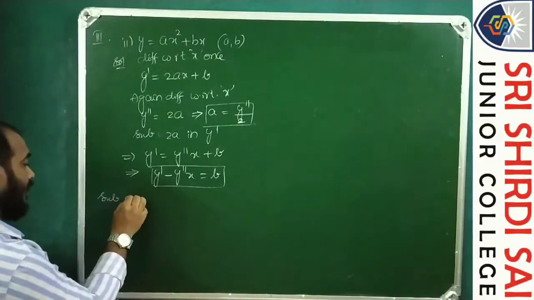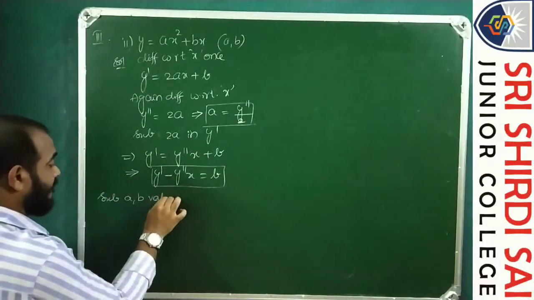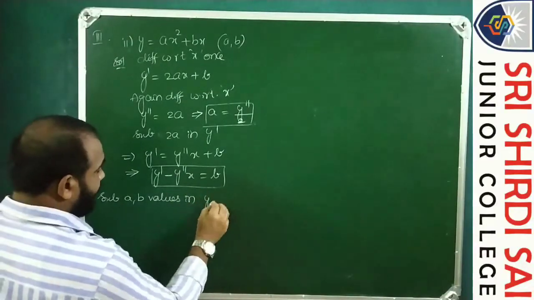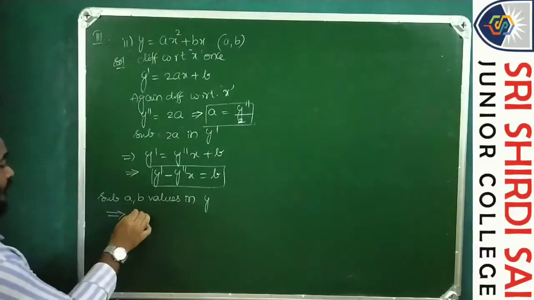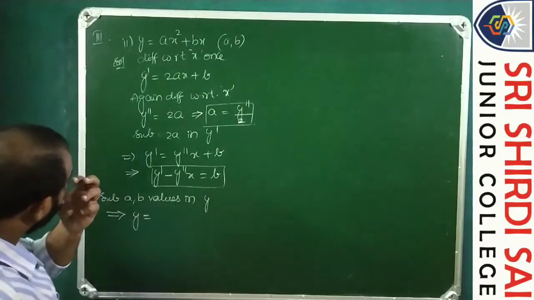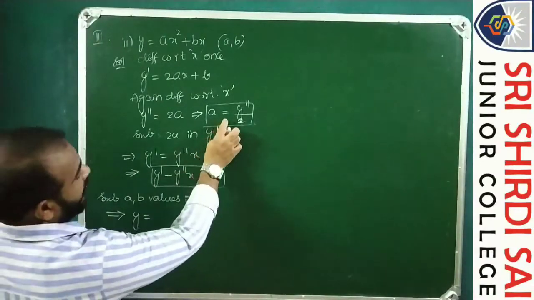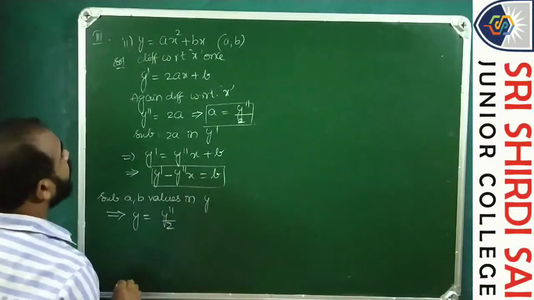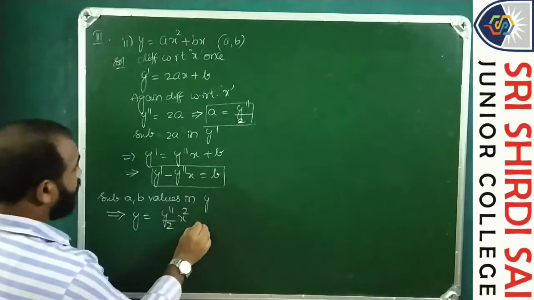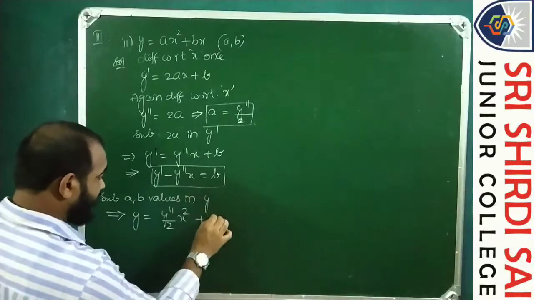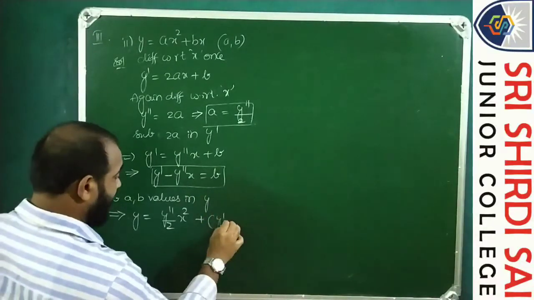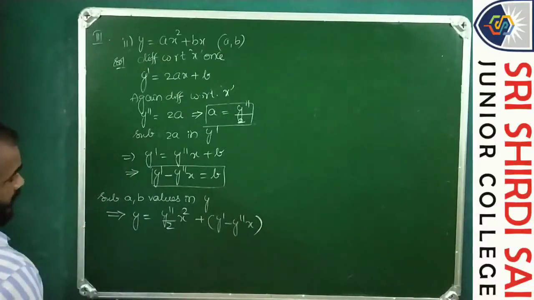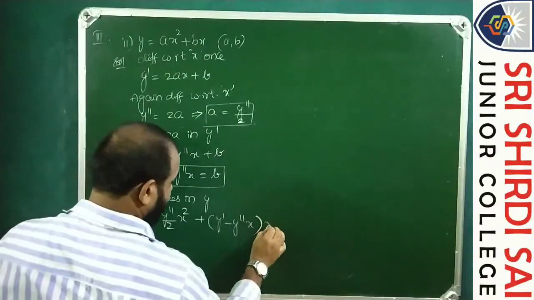Substituting a, b values in y, we get y is equal to the value of a, y double dash by 2, into x square, plus the b value, y dash minus y double dash x, into x.